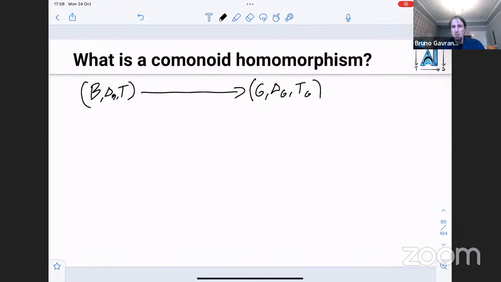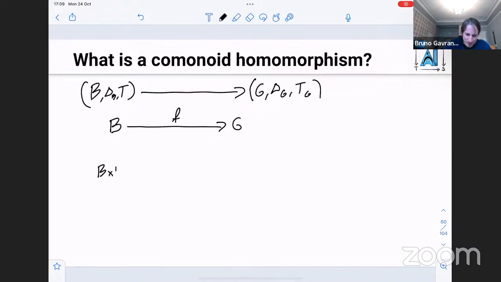We might wonder what is a comonoid homomorphism. A comonoid homomorphism is going to be a function from B to G, and I'm going to call this F, such that particular diagrams are satisfied. And it's sort of the only thing that can be satisfied.